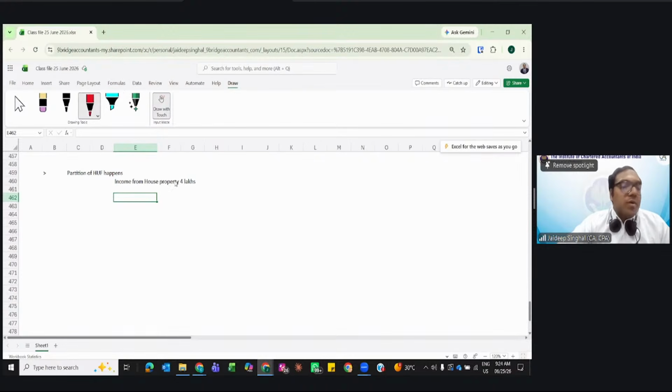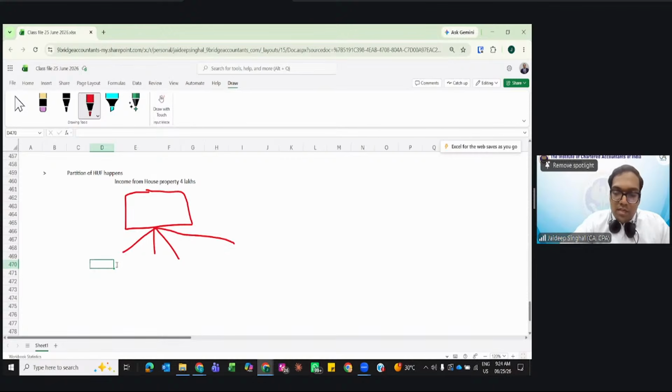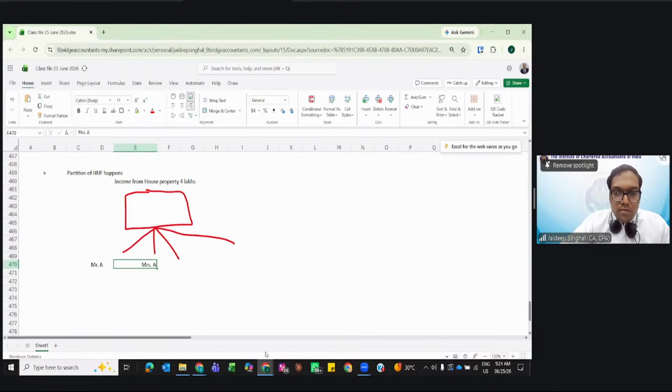Now let's suppose this was a house property that the partition has happened. Now it is given to 4 people: Mr. A, Mrs. A, then Mr. B and Mrs. B.